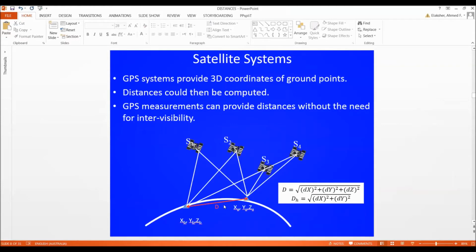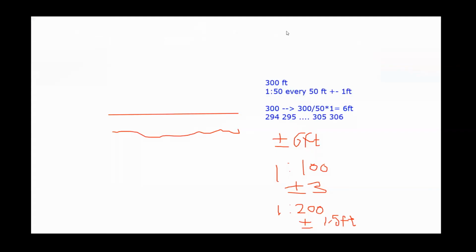GPS does not really measure distances, but it measures coordinates, and then from the coordinates you can define your distance. To show you an example, let's take a 2D case. So you have X and Y, you have 2 points, and again, I can't really show you the Z. I can, but I would like to focus here.